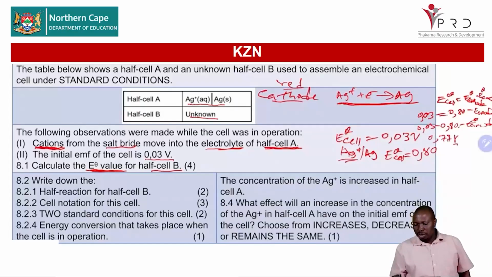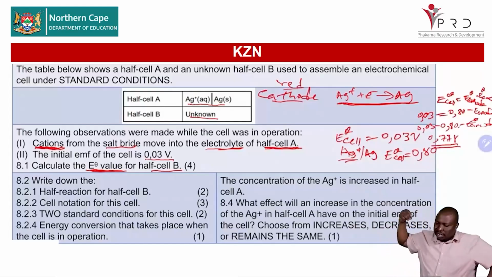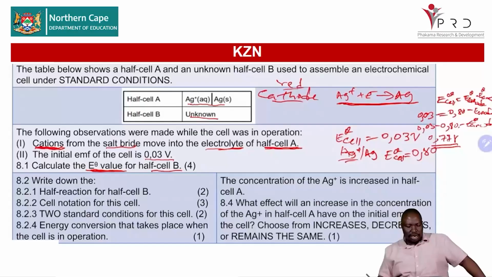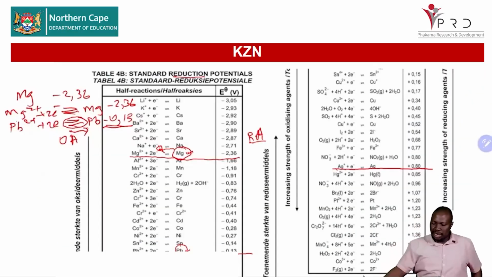So that will give you 0.77 volts. So you are able to go to your table and look for 0.77 volts, and then you will have identified the substance that we have there. So you simply go to your table, you look up to 0.15, 0.77 is what we are looking for. Oh yes, you're able to see that this was Fe 3 plus gaining 1 electron, forming Fe 2 plus.